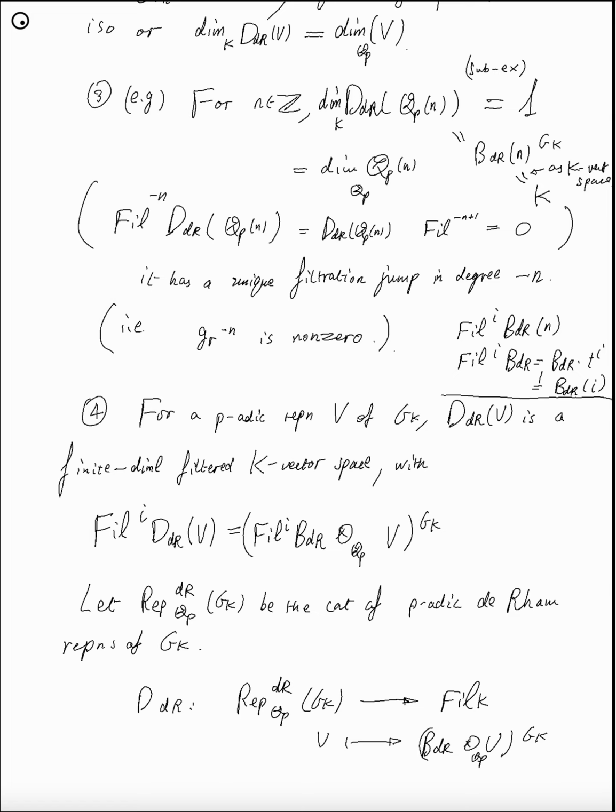Actually, I want to be more precise here. So how comes this filtration jump? Let me put it as an exercise. It has a unique filtration jump at integer minus n. So how to describe that?